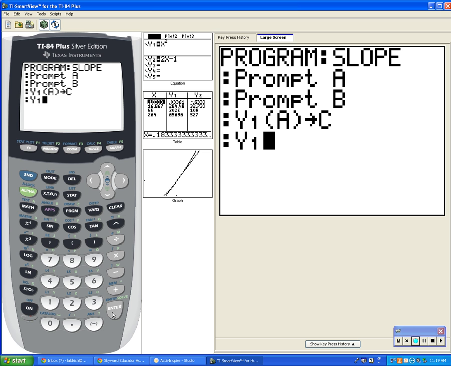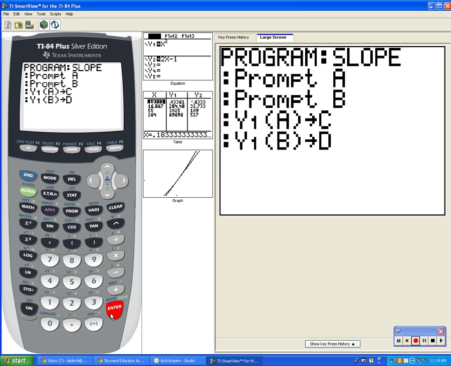Now we're going to take the second x value, which is B. Then the arrow is the store button above the on button, and I'm going to store that value as D.